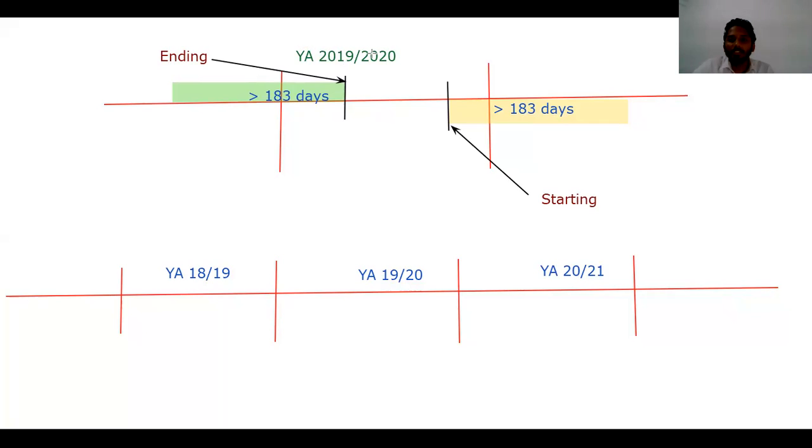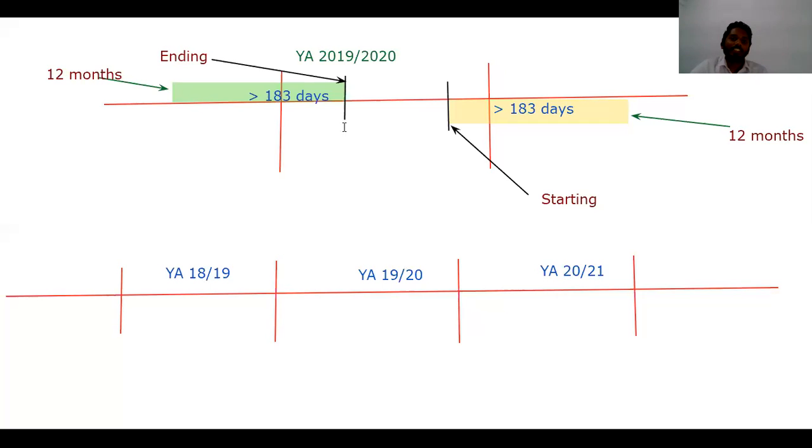I will draw the arrow here. The 12-month period. Here also the 12-month period. Here also 12 months. Then he might exceed 180 days.